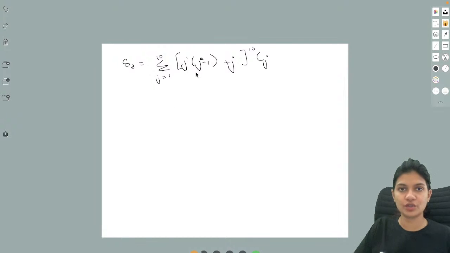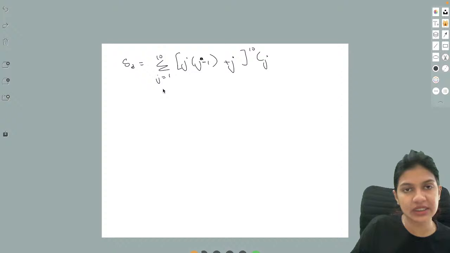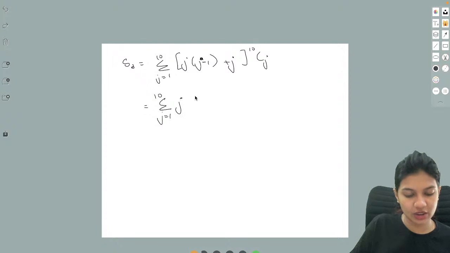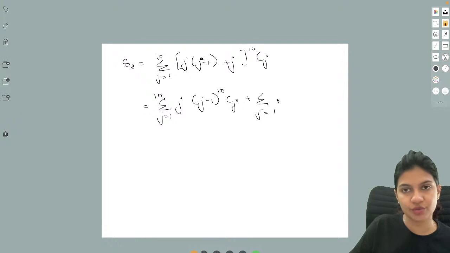This can be further written as sigma j equals 1 to 10, j into j minus 1 into 10 Cj plus sigma j equals 1 to 10, j into 10 Cj.